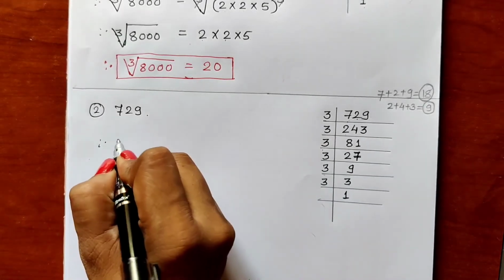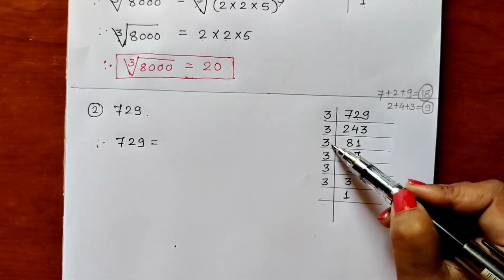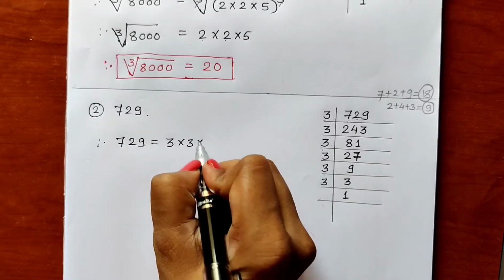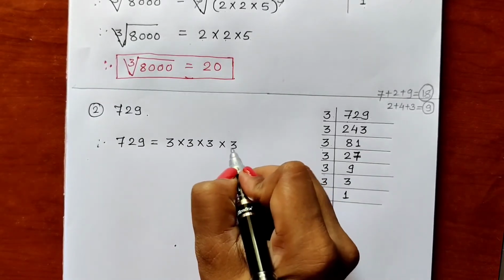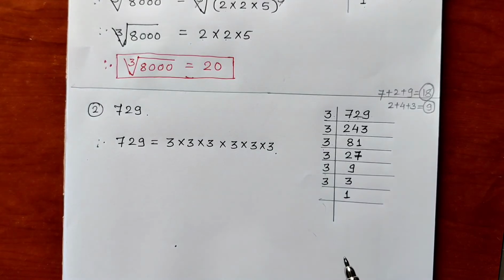So let us write 729 is equal to, how many times 3 we have got? 1 2 3 4 5 6. 6 times 3. 3 into 3 into 3 into 3 into 3 into 3. So while finding out the cube root, we have to see whether the numbers are in the group of 3 or not.